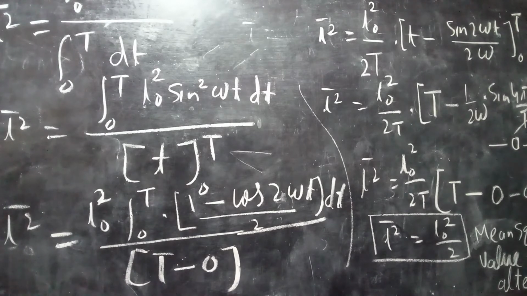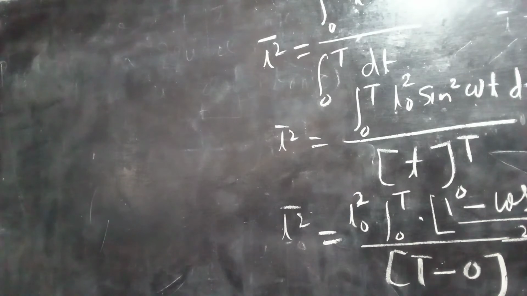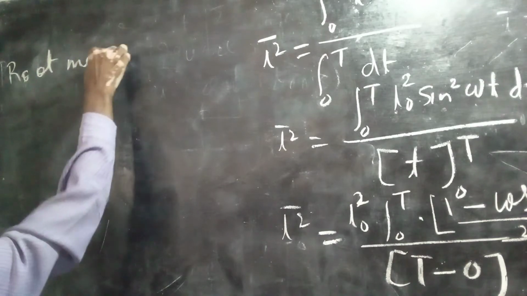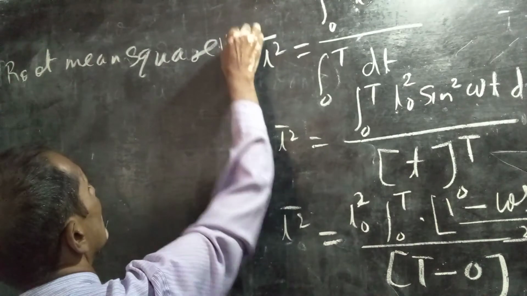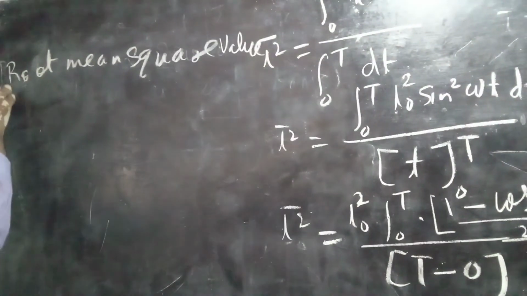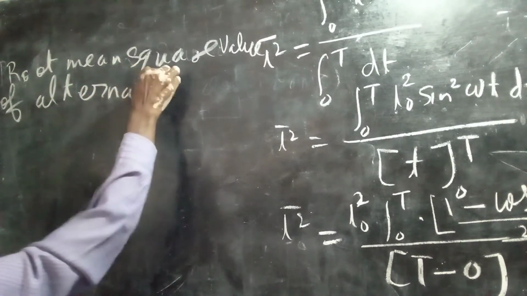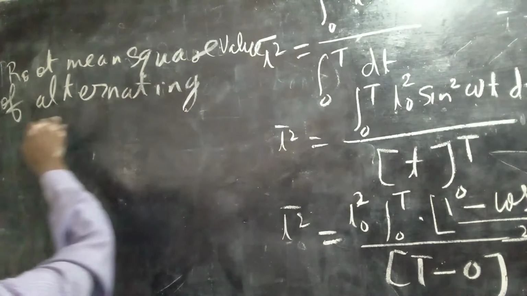So thus, the root mean square value of alternating current.